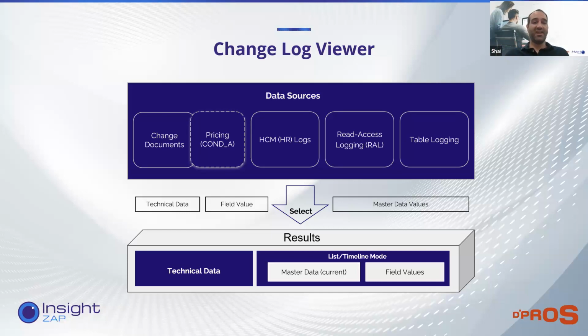It also handles the HCM, which are the human resource logs, read access logging, which I'll talk about a little in a minute, and even table logging. After it fetches the data, it selects and merges additional master data of the object, and at the end, it displays the results in a nice and user-friendly way, which includes both the technical data and the master data and the changes.